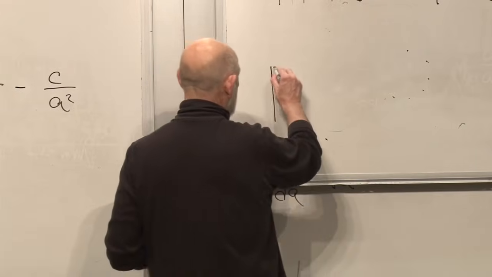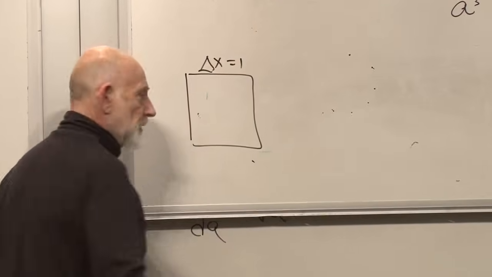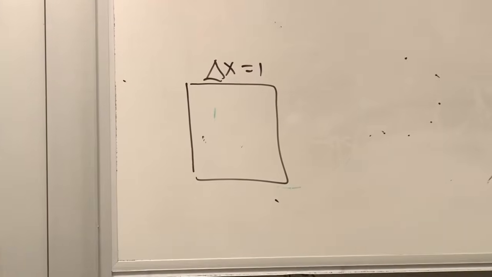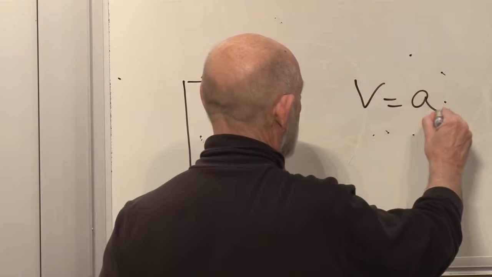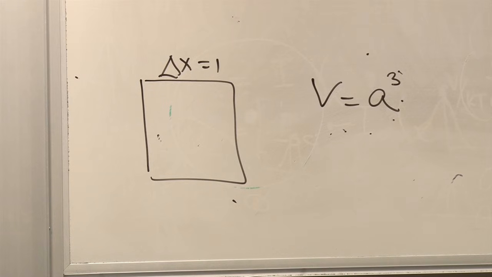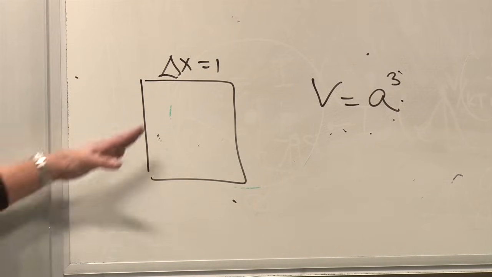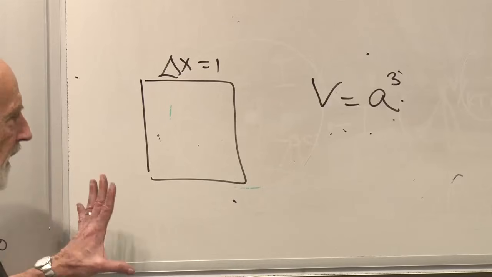So here's our box. It's delta x equals 1 on each side. Its volume is A cubed. The ordinary particles, which are just sitting in that box and not moving, they have an energy which is just their mass. It doesn't change. Right? Their energy doesn't change, those particles. They're just their mass and nothing else.